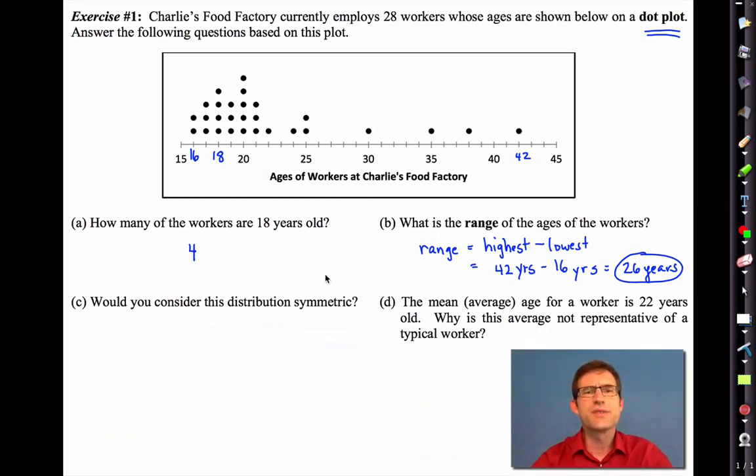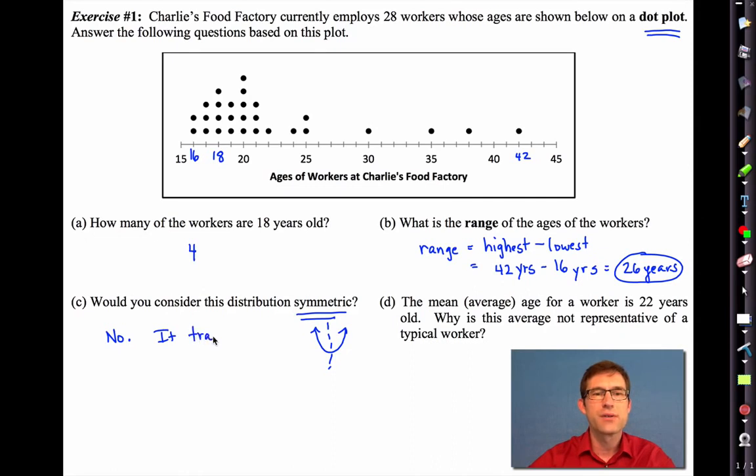Now letter C. Would you consider this distribution to be symmetric? We've seen symmetry before in terms of parabolas. Symmetry basically means it looks the same on one side as it does on the other. And the answer here is most certainly no. What we would say is it trails off to the right.